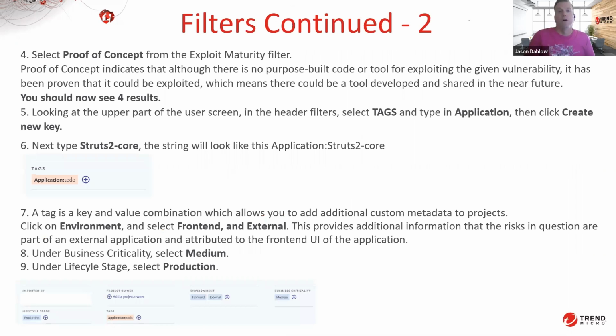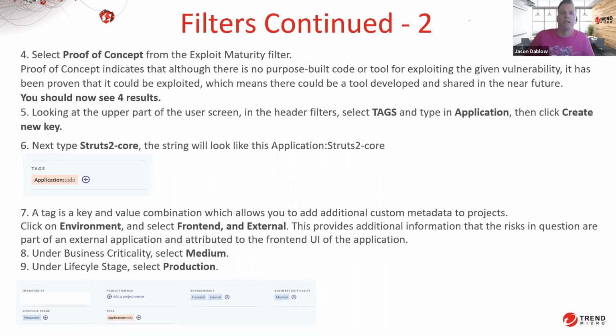To continue on, we can also look at, say, proof of concept for the exploit maturity. Now we can see things that are in a proof of concept stage when it comes to exploits. This just means that a security researcher has created an exploit that could be used to extract information from this vulnerability or gain some additional access.